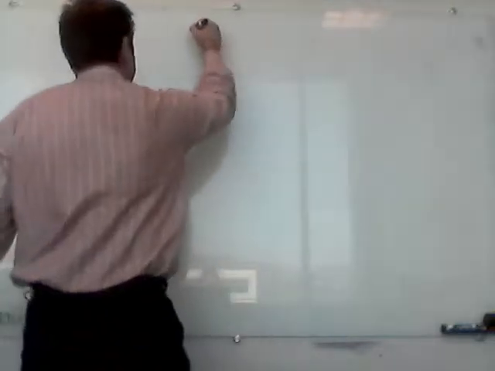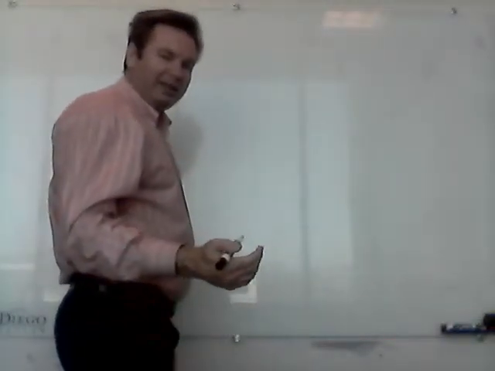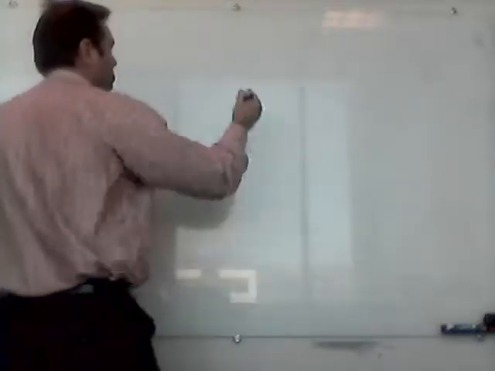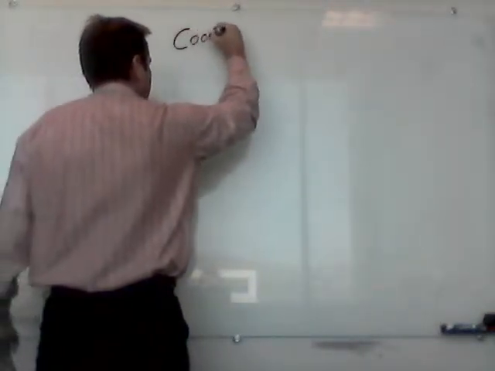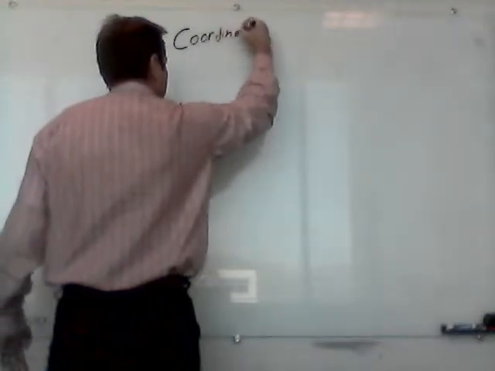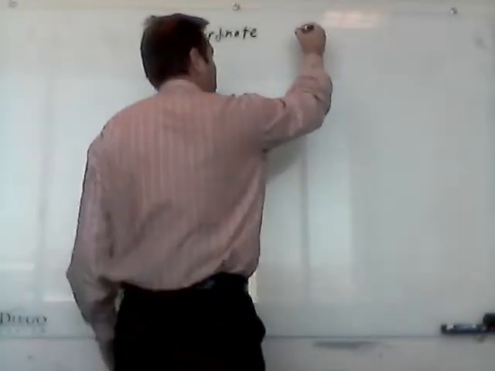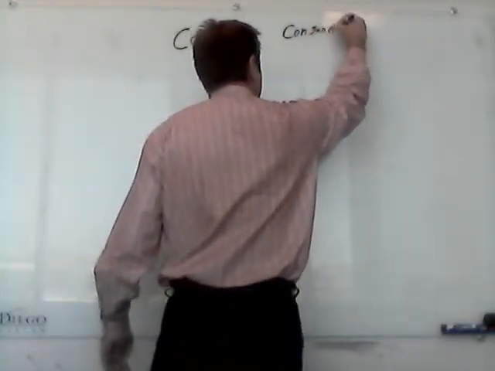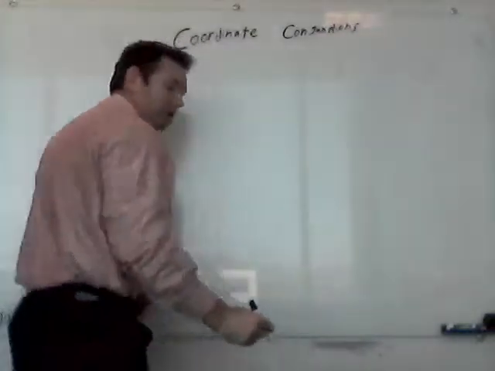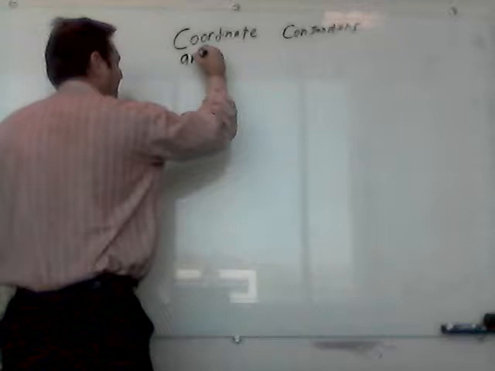There are, let me actually give you 3. There is a coordinate conjunction, and coordinate conjunctions are usually words like and.